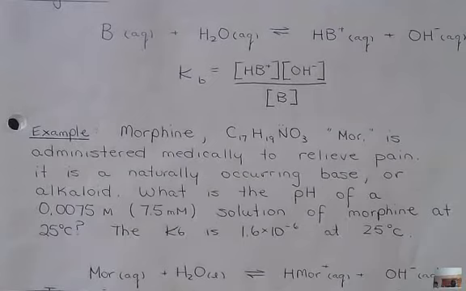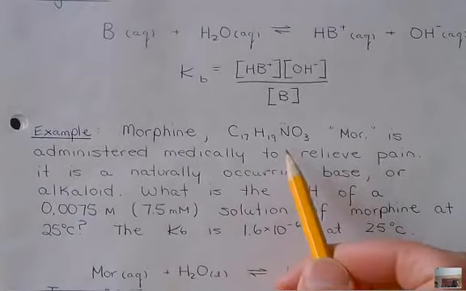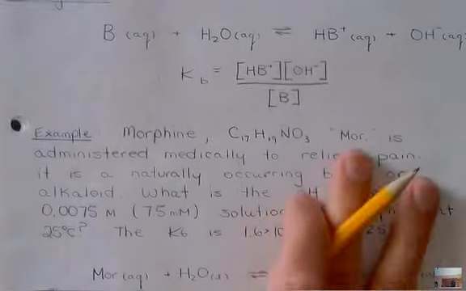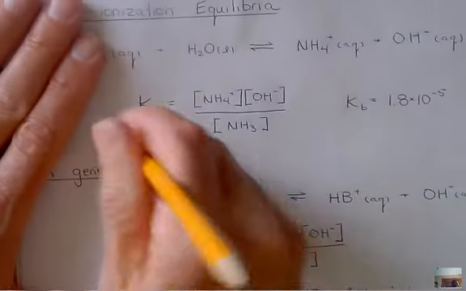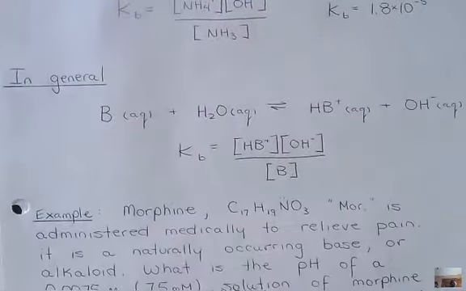It's not the fact that it's a base that makes it have its medicinal properties, or in this case, its pain relief properties. But it's actually the nitrogen that's on here that reminds you very much of the nitrogen that's in ammonia. So that's what's going to be doing the attracting.